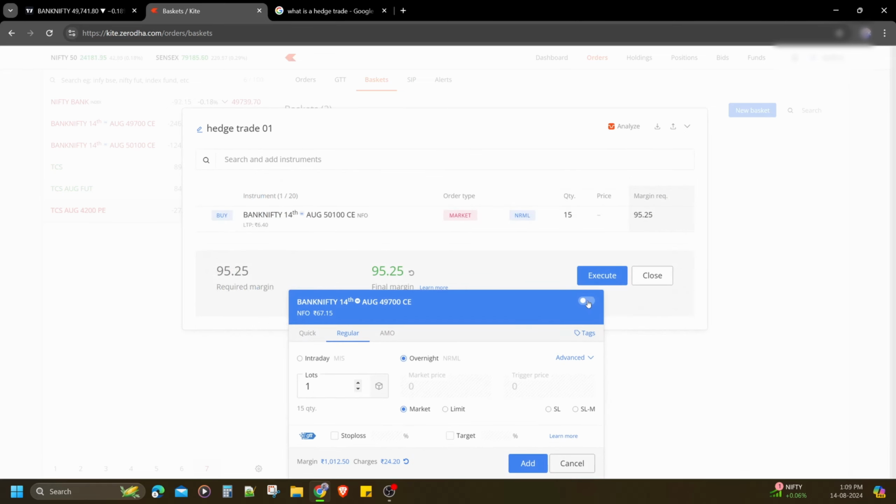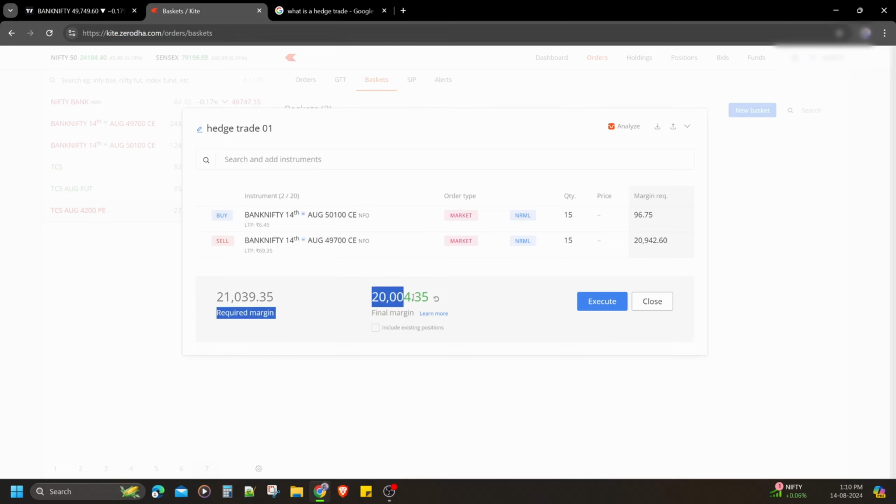This way you can reduce the capital. Even though it is showing 1 lakh here, we have already entered the hedge trade, so it will reduce the capital. It will help you execute the trade. So this way you can enter the hedge trade.